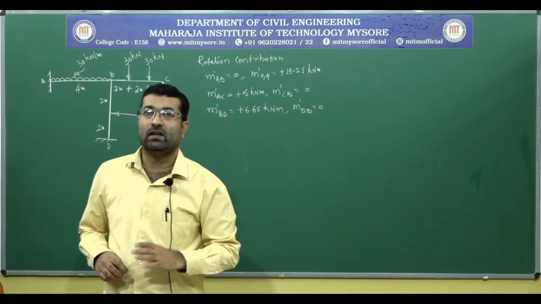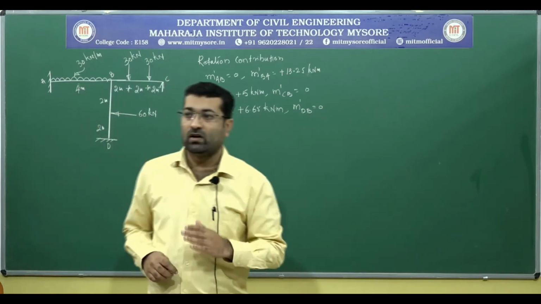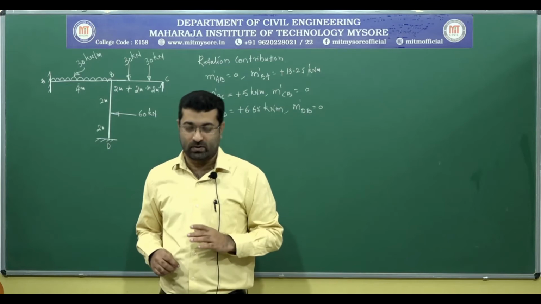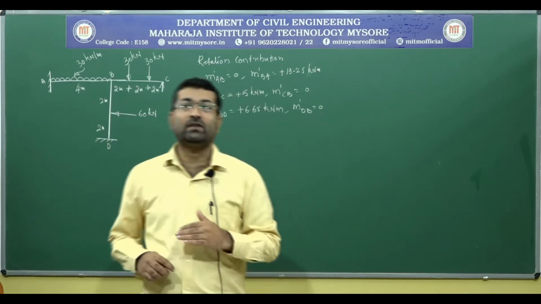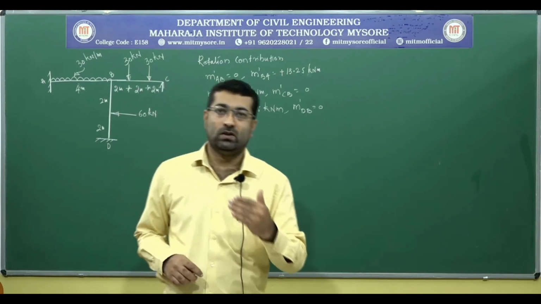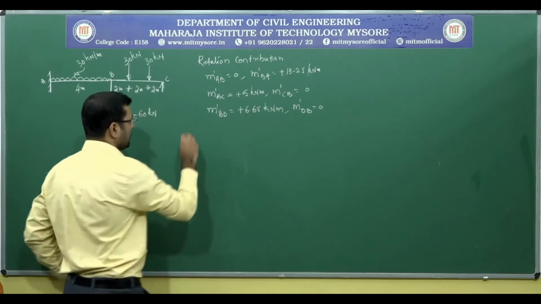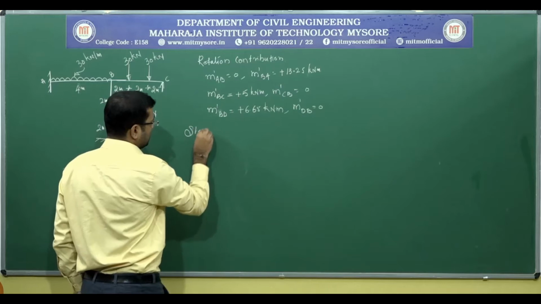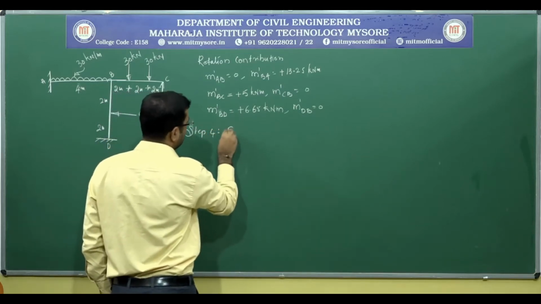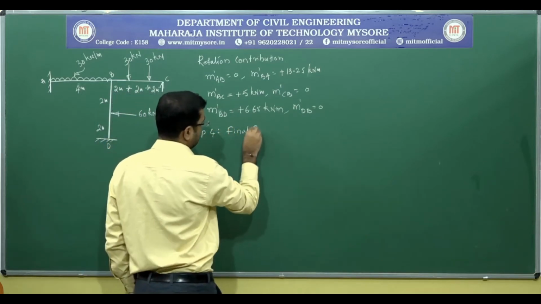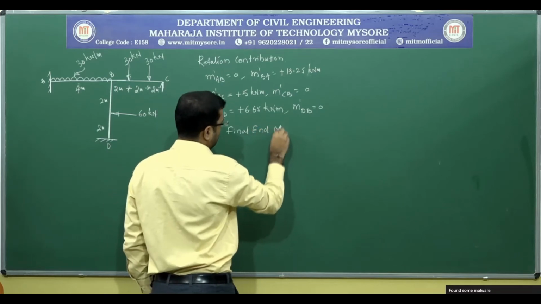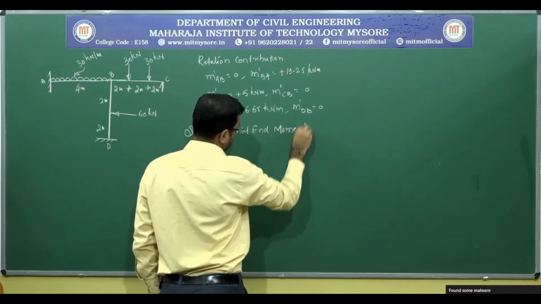These are the final rotation contributions we got in step number 3. With the help of these, we need to estimate the final end moments in step number 4. Step 4, the final end moments. Right?